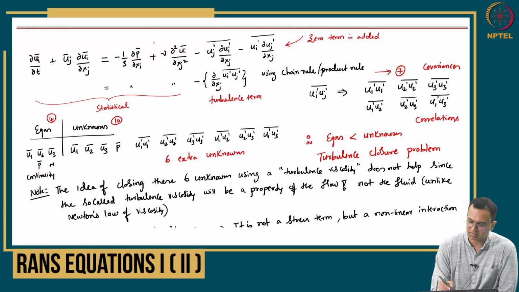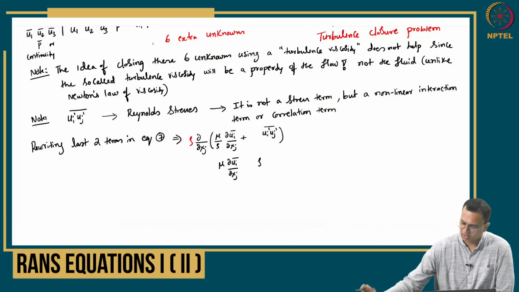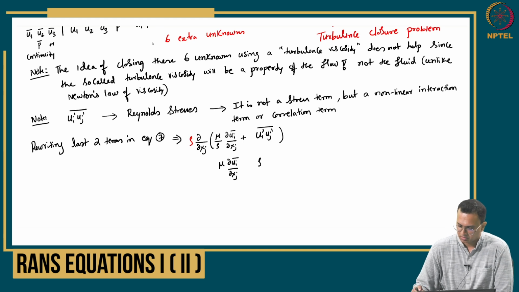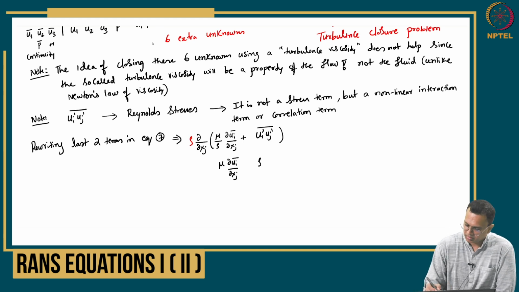So d by dx j is the one differential operator, I am taking it out. So the viscous term survives because it's a second order differential term, but here this coming out, only Reynolds stress remains, correct? So only this term is surviving here. So it is ui prime uj prime over bar, okay. So if I multiply throughout by density, I would get this, and here I would get rho ui prime uj prime, okay.